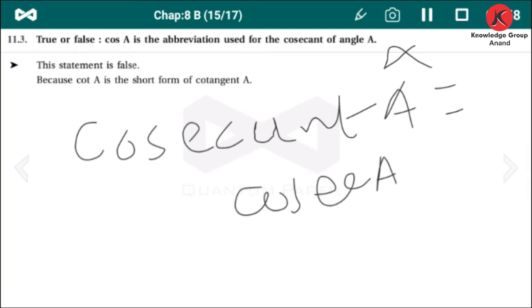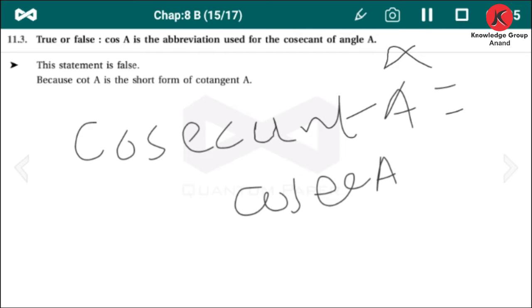Cos A is the abbreviation used for cosecant of angle A. Cosecant is the short form of cosec A, not cos. Cos means cosine A. Therefore, this statement is false.